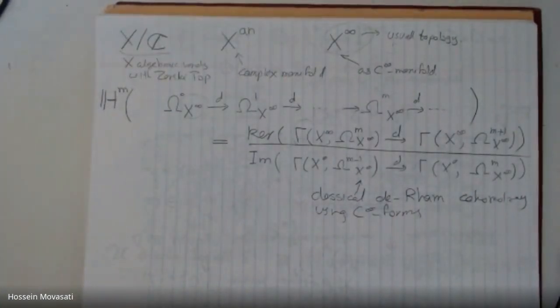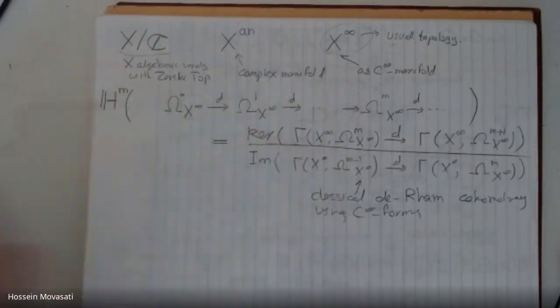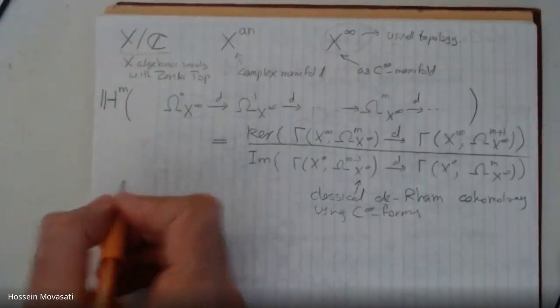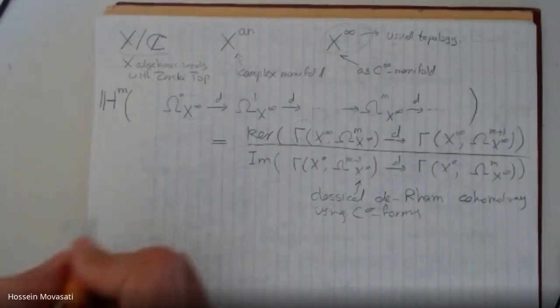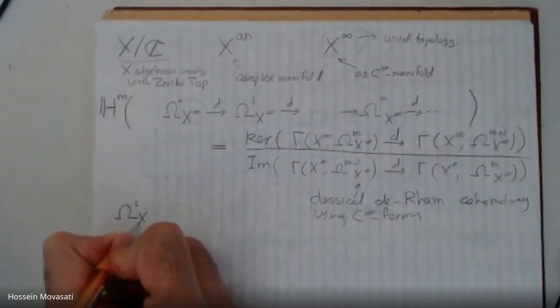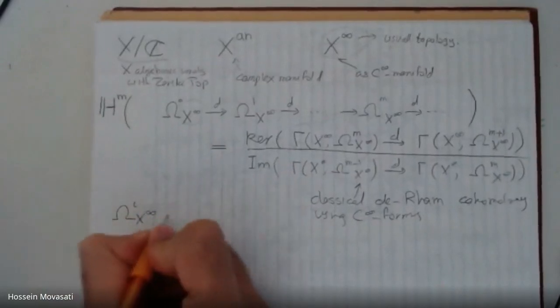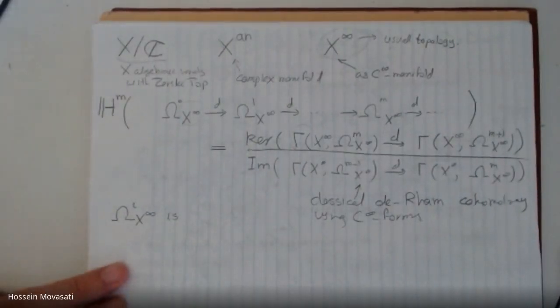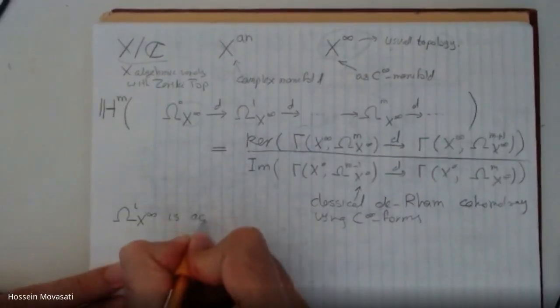So the proposition that you saw there is just the general context of this phenomenon. And remember that we have the assumption that Omega I X infinity is acyclic.